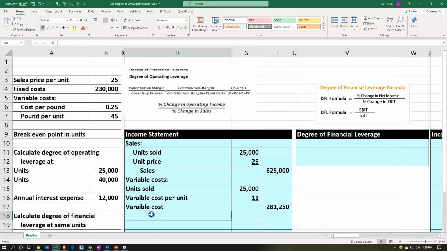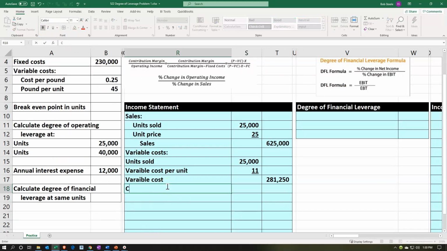Then we're going to be picking up the contribution margin, or total contribution margin. We can now calculate it as the total sales minus the total variable costs. Put an underline under the variable cost, Home tab font group. Then we're going to be picking up the fixed cost. Let's do that with a formula. I can say this is going to be equal to the fixed cost up top.